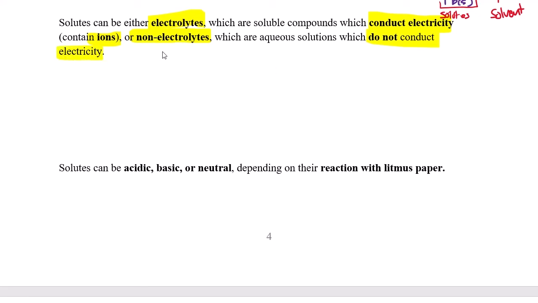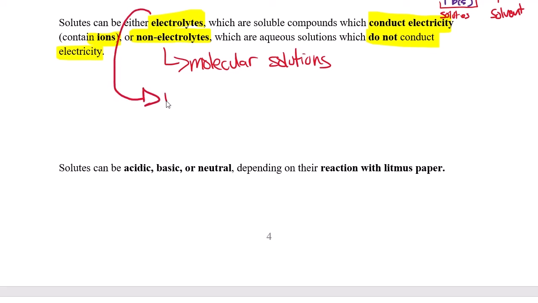And so in general, non-electrolytes will be molecular solutions, because when they dissolve, they don't form ions, and electrolytes are going to be ionic solutions, because when they dissolve, they dissociate into their individual ions. And we'll talk about that more in our next lesson.